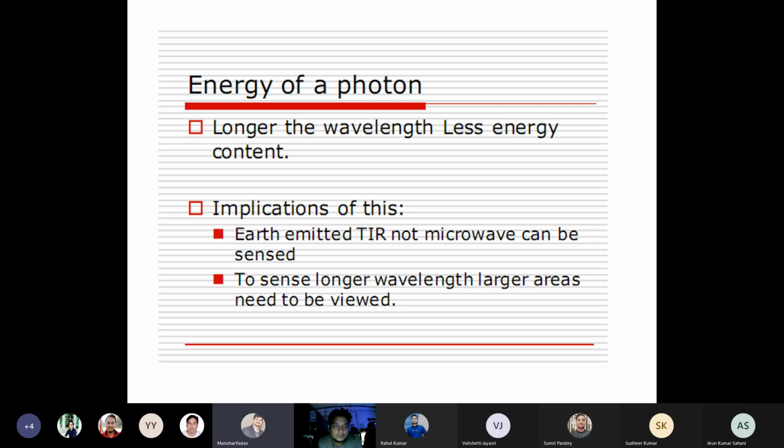I think again we have already covered this particular implication, you have enough background on this. Who is going to tell me why, to sense the energy at longer wavelength, the sensor needs to view a larger area?